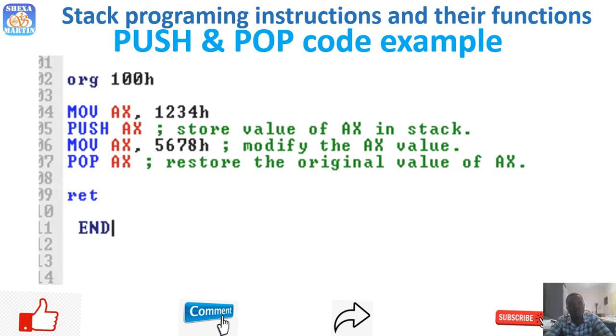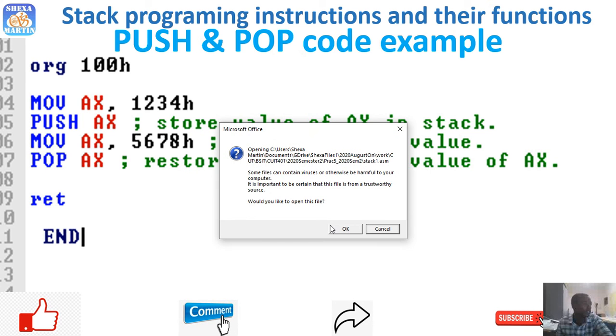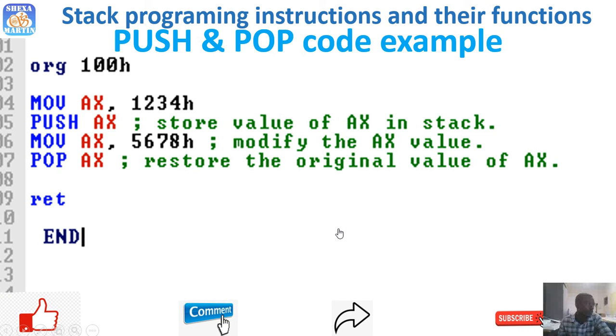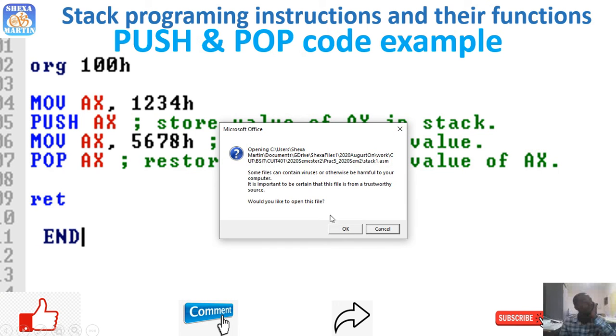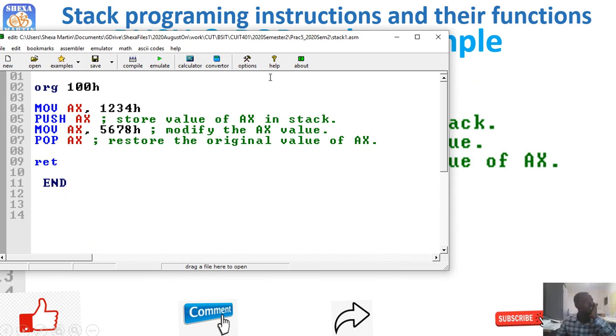This is a simple code example which is just moving values into AX and values onto the stack. So let's execute this and see what happens. Right, so this is the code.